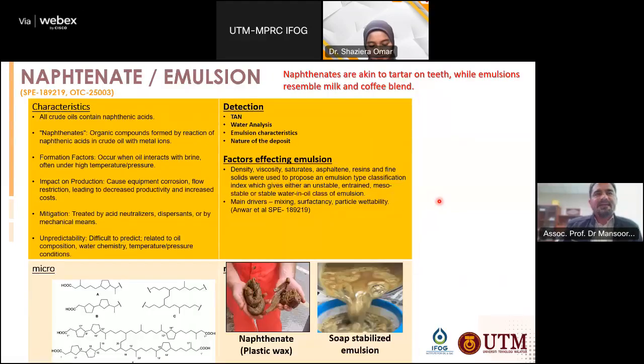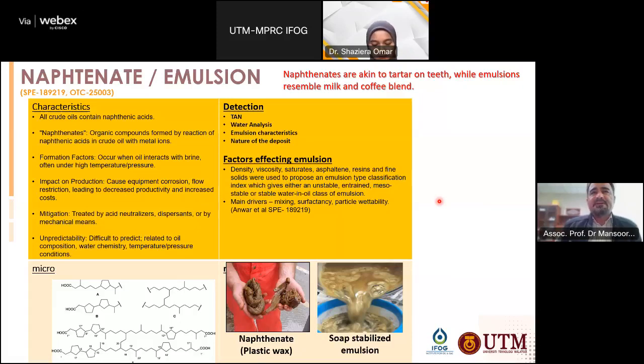So this is naphthenate, and this is, of course, naphthenate and emulsion. The characteristics: naphthenates are complex organic compounds present in crude oil, specifically in the acidic component of oil. They can cause operational problems in oil and gas. And for the detection, we can use total acid number and then water analysis.